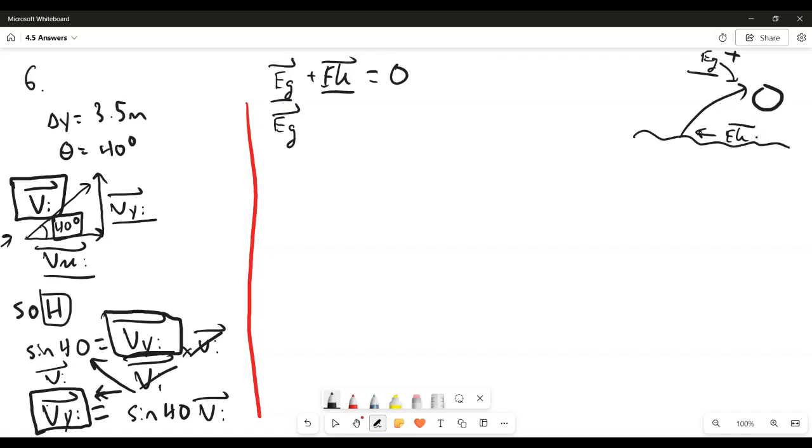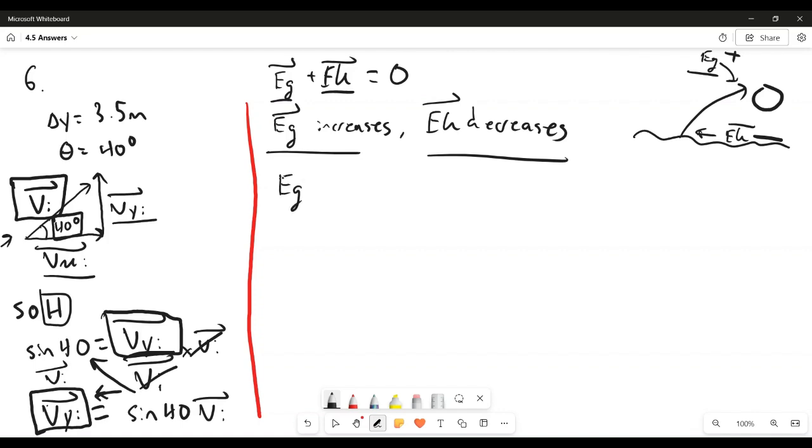Therefore, this is increasing, but this one is decreasing. So the gravitational potential energy increases, and the kinetic energy decreases. And we're going to write that like so.